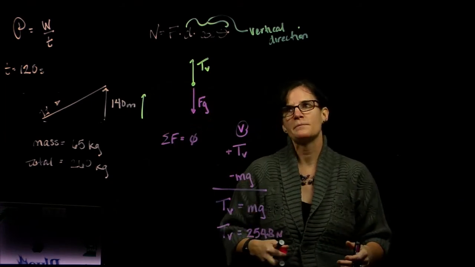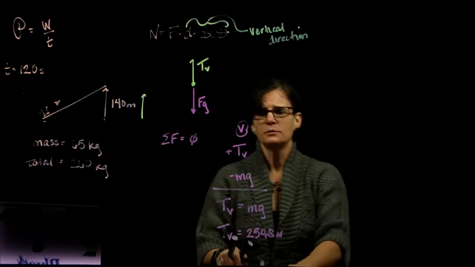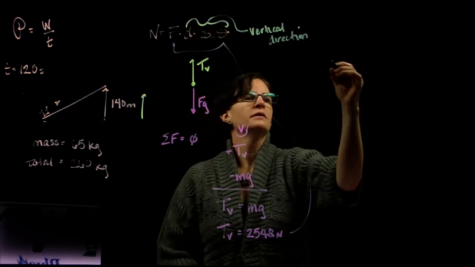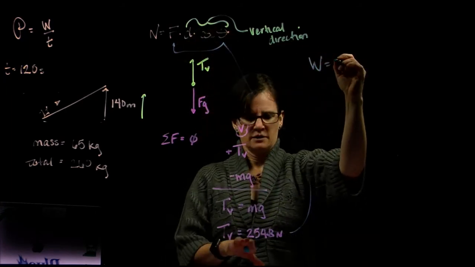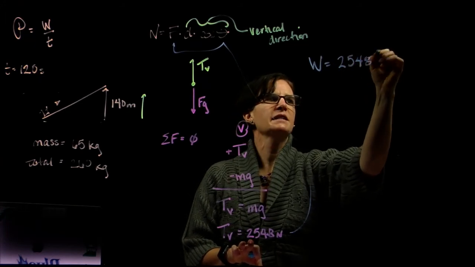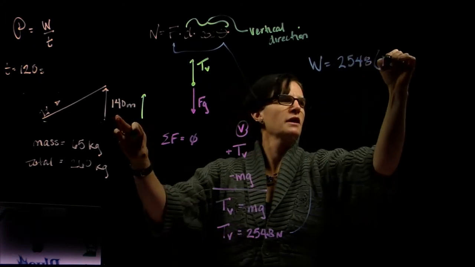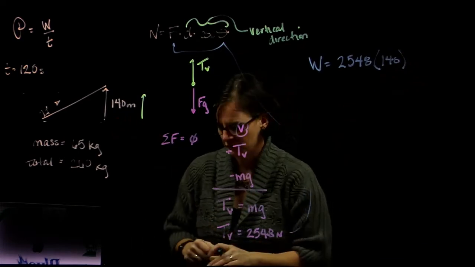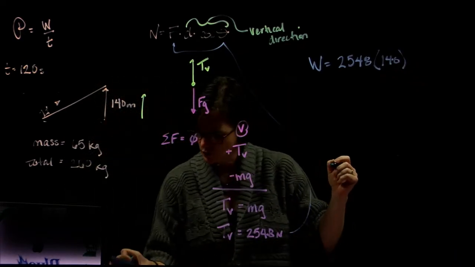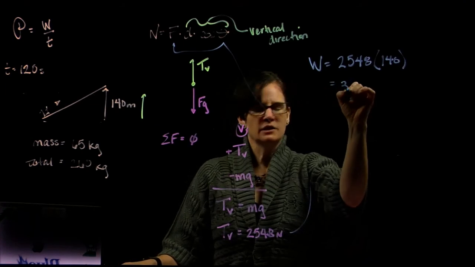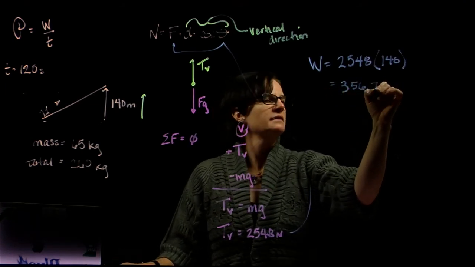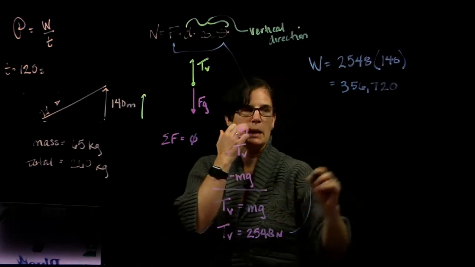So then we can use this vertical component in our work equation: 2,548 times the vertical distance, 140, and we get a total work of 356,720 joules. I'm not rounding yet.